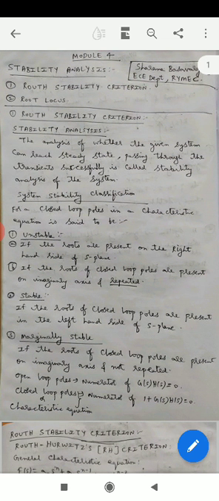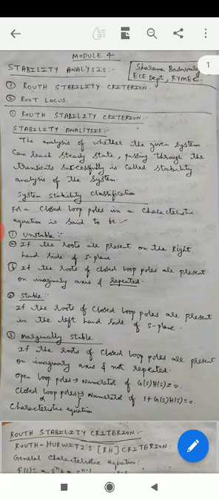So when it is said to be marginally stable, it is neither fully stable nor unstable. It is in between stable and unstable. Under which condition? If the roots of the closed loop poles are present on the imaginary axis and not repeated. So what is the meaning of not repeated?